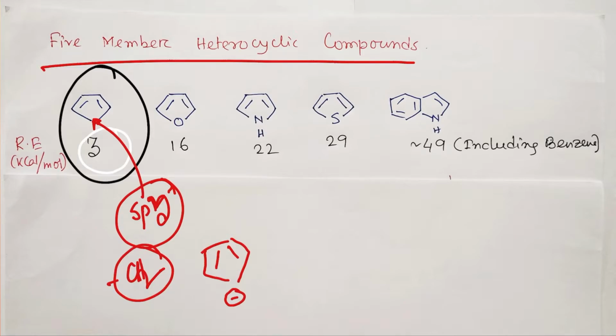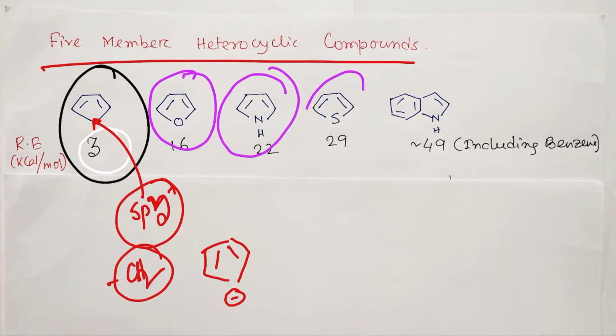Now if you look at furan, pyrrole and thiophene, what is the difference? See, furan has a resonance energy of 16 kilocalorie per mole, whereas pyrrole is 22 and thiophene is 29. Now why? In the case of furan, the electronegativity of oxygen prefers to keep the electron density on itself, and what is the concept of aromaticity?